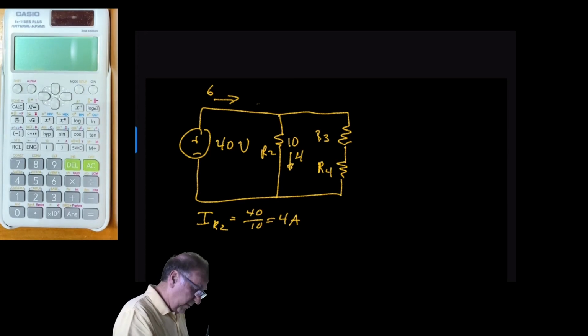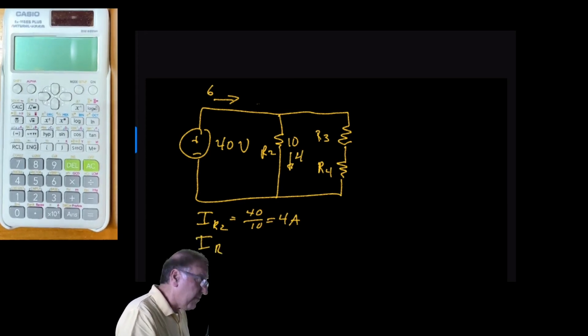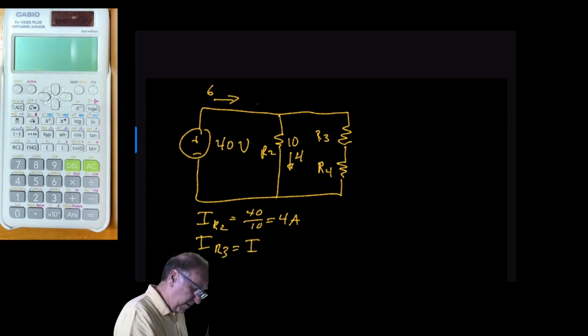I want to calculate the current for R3. And that equals the current going through R4, since it's the same, is 40 divided by 20 equals 2 amps.